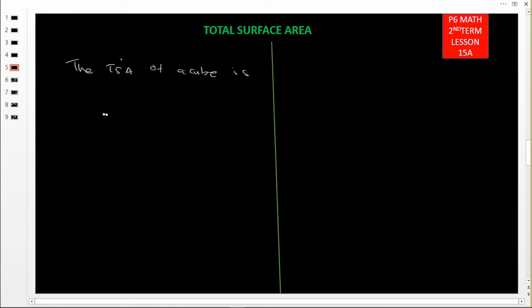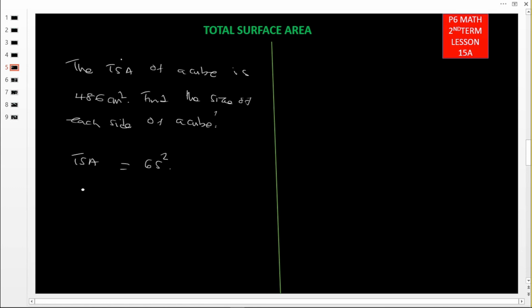So one more here, they can give us this one, the TSA of a cube is 486 centimeters squared. Find the size of each side of a cube. Okay, so we know total surface area of a cube is given by 6 s squared. So 6 s squared is equal to what is given, 486 centimeters squared.